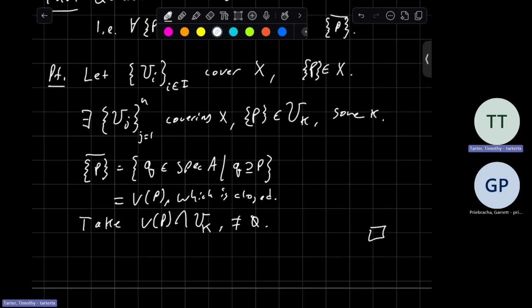Okay. This exercise will often be used in the following way. If there is some property P of points of a scheme that is open, then there is some open neighborhood of that point such that all of the points in the open neighborhood have the property. Then to check if all points of a quasi-compact scheme have that property, it suffices to check only between the closed points.